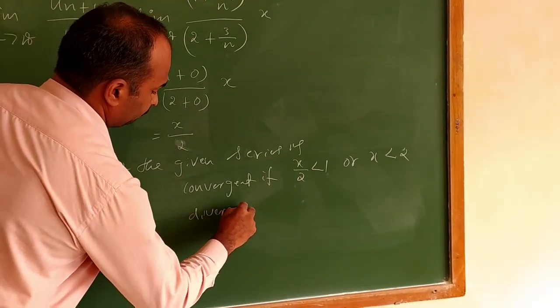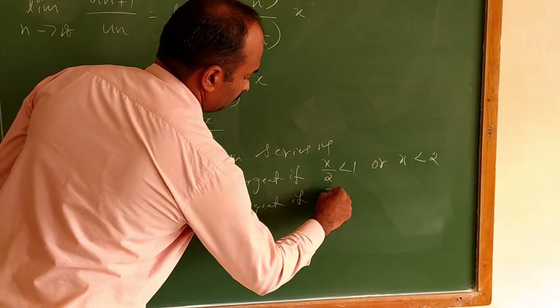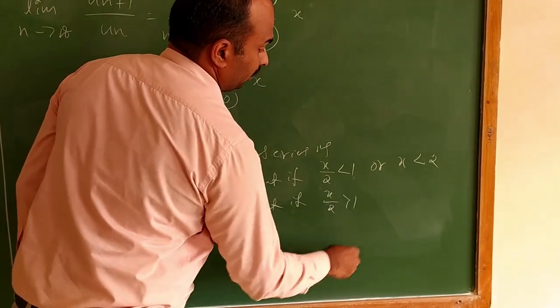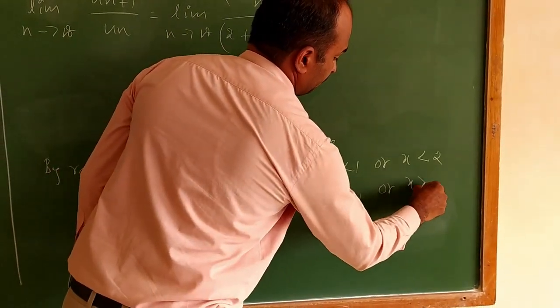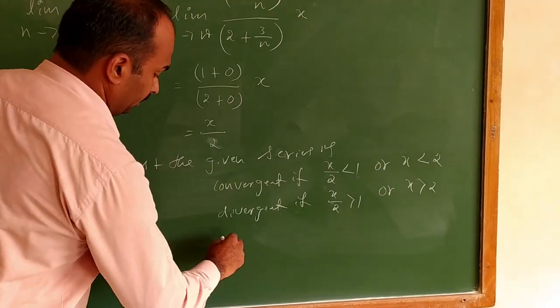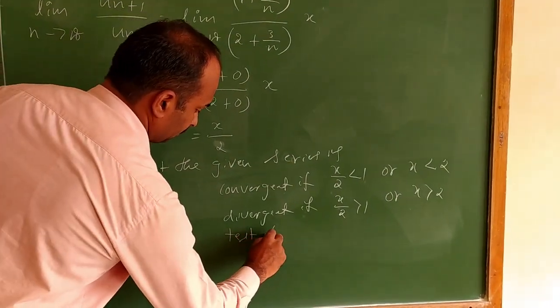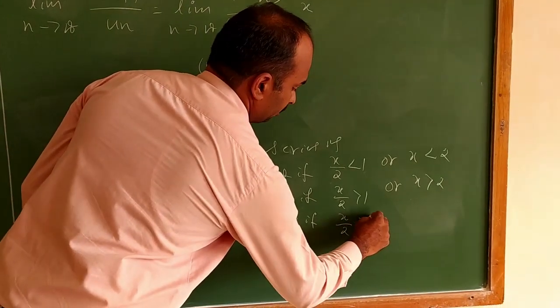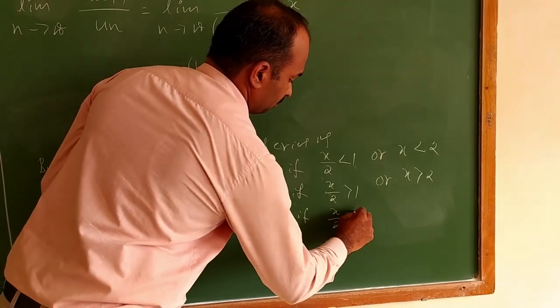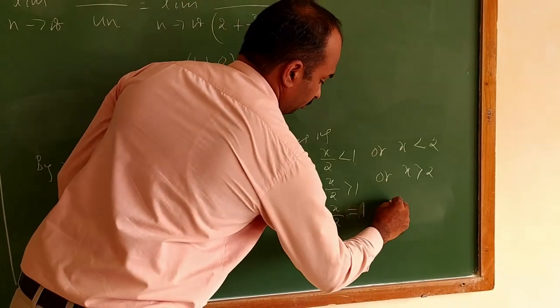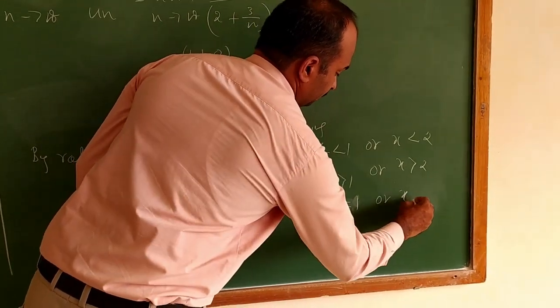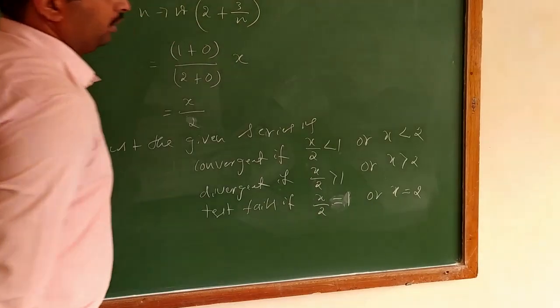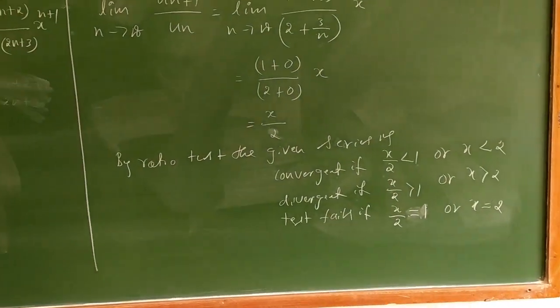Divergent if x by 2 is greater than 1, or x is greater than 2. And the test fails if x by 2 is equal to 1, or x is equal to 2. So therefore, this is the convergence of the given example.